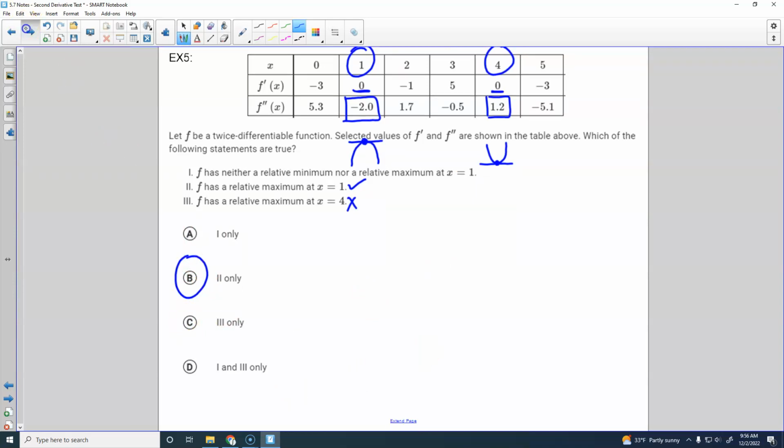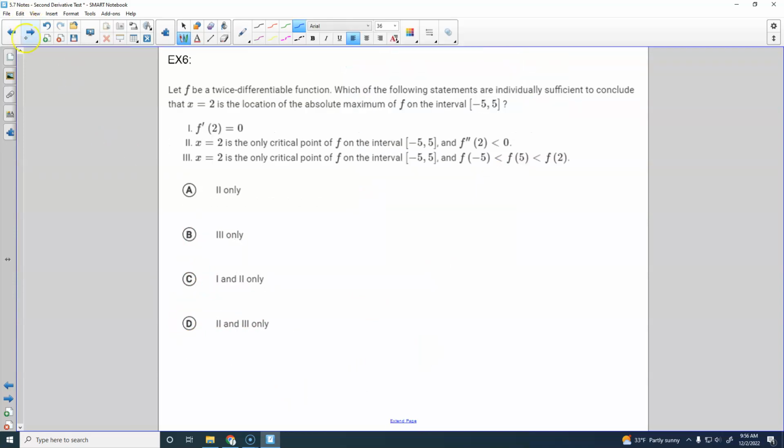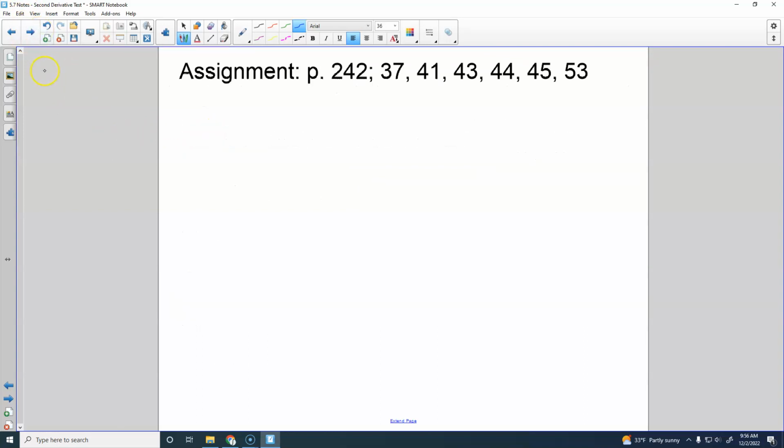All right. And we don't really have time for that. All right, so let me look through these and make sure they're the ones I want you to look at. I do want you to do second derivative tests for these. Let's see.